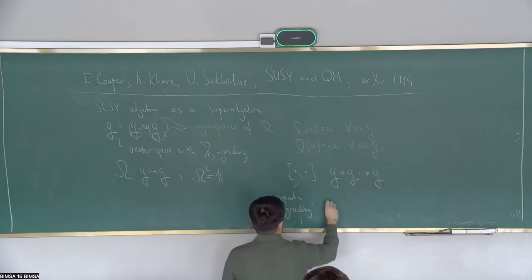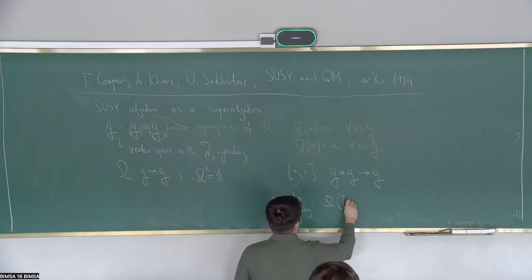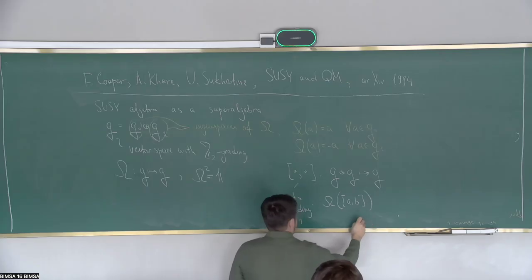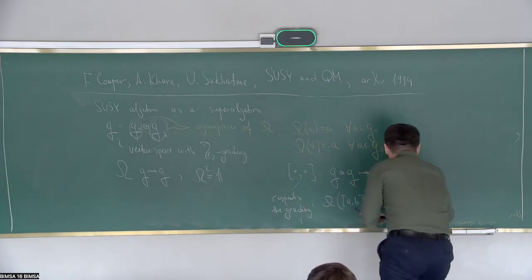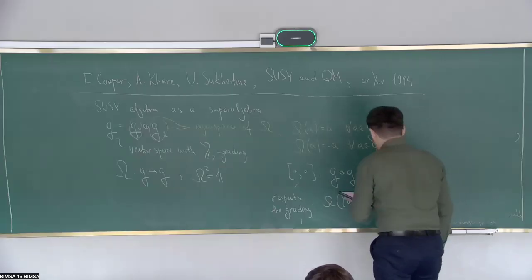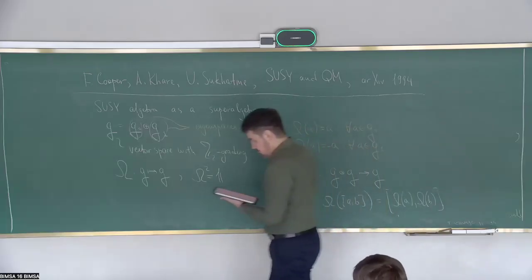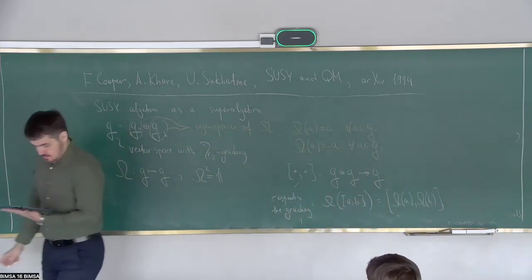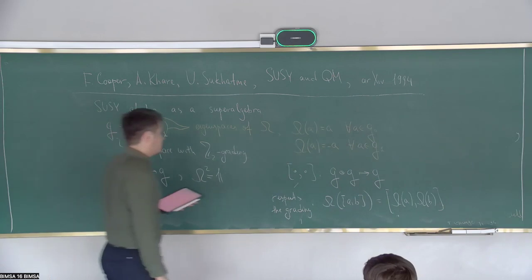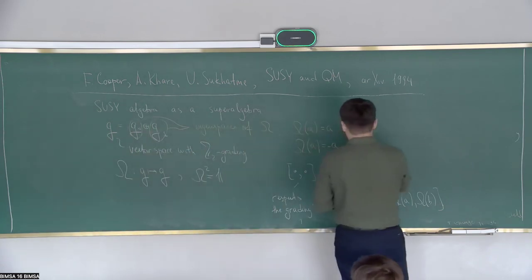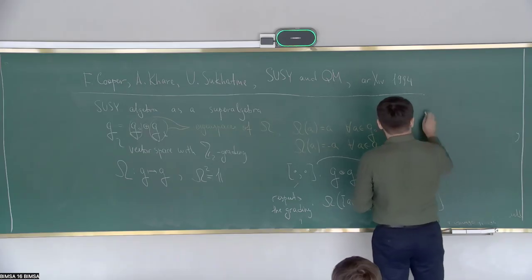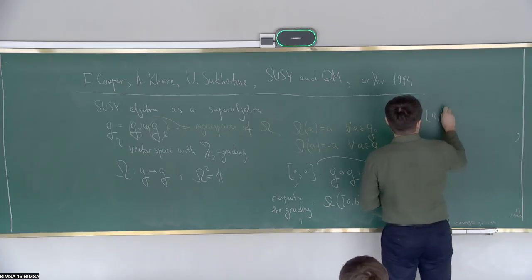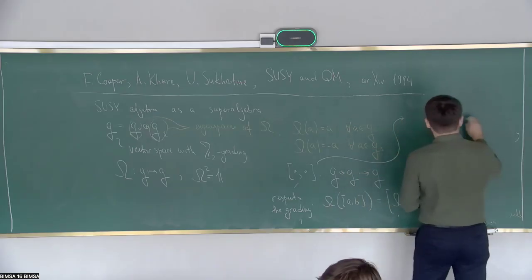That means the commutator, the bracket among individual vectors, has certain symmetry properties. The symmetry properties are as follows. It looks like a Lie bracket.